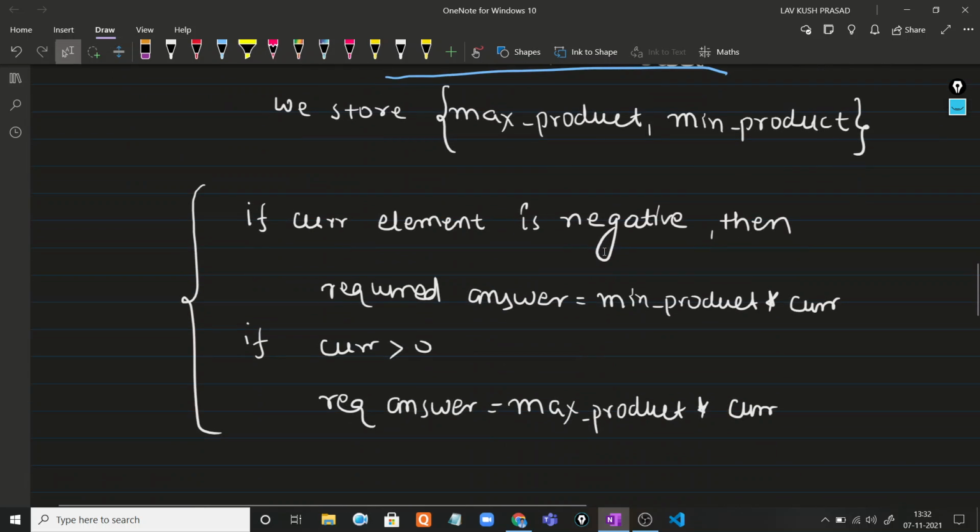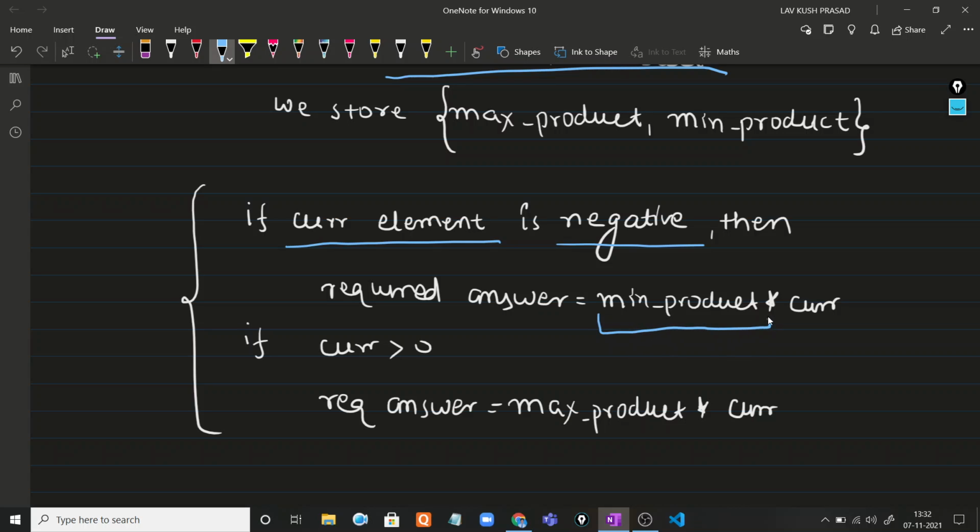If the current is negative, then to get the maximum result we multiply with the min product, not the max product. And if the current is positive, we multiply with the max product, not with the negative product, okay? So this is our case.